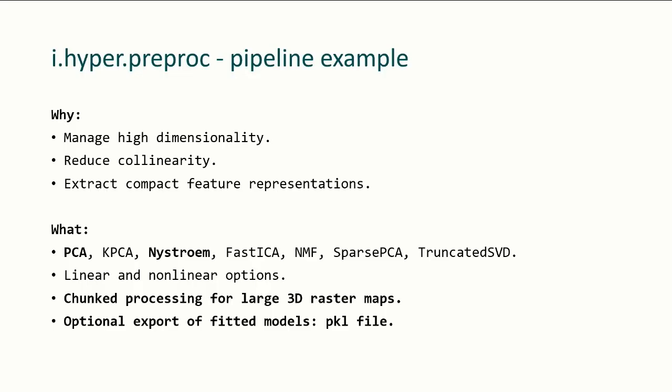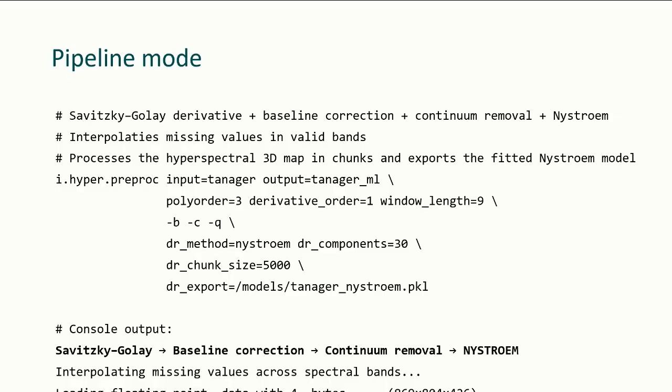That's why there is an option to export these fitted models in a pickle file, and in the documentation we also have an example of how to then apply this to your spectra from the laboratory, which is imported in Python from a text file. This is what I missed from the original PCA from GRASS, which Markus made, which is really great and fast. But I think that if you want to use it generally, you also have to have a model for retransforming other data in the same way.